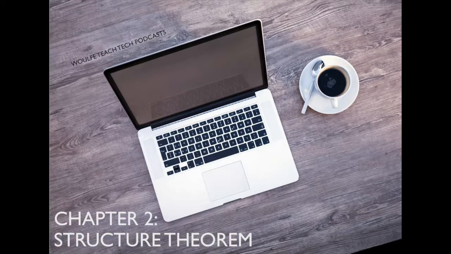Those 3 basic control structures, sequence, selection, and repetition, we call structure theorem. It's how we look at every application. It's how we look at every process that we're going to design, here with the lens of structure theorem.